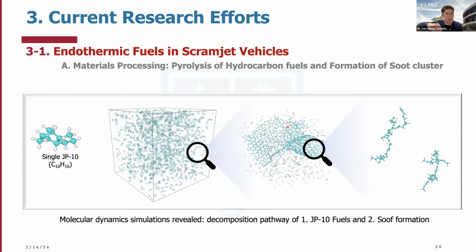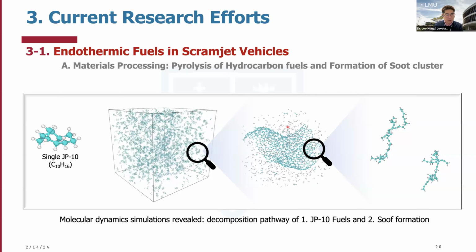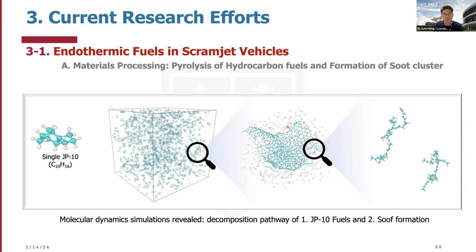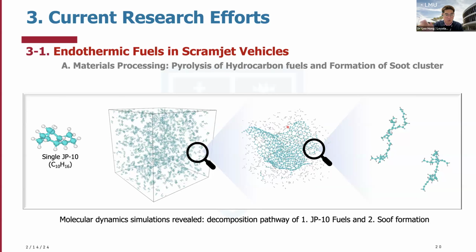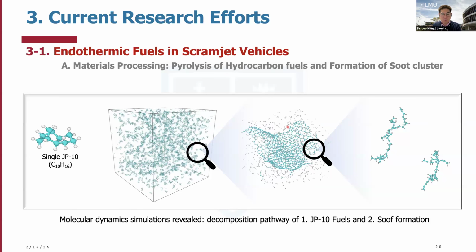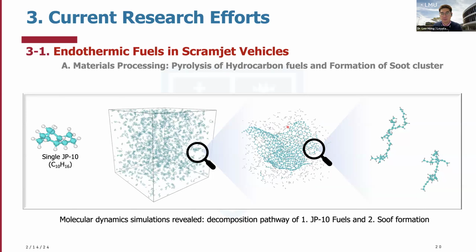This will evolve into soot during combustion. Do you know soot? It's the black carbon product you get when you burn something. In this kind of atomistic view, this is how any fuel burns. Okay.